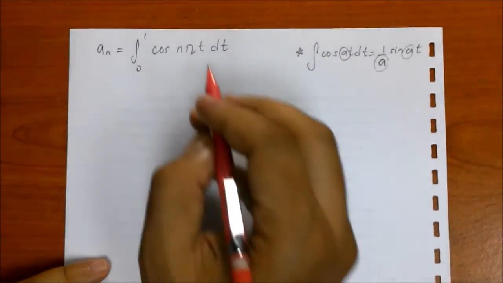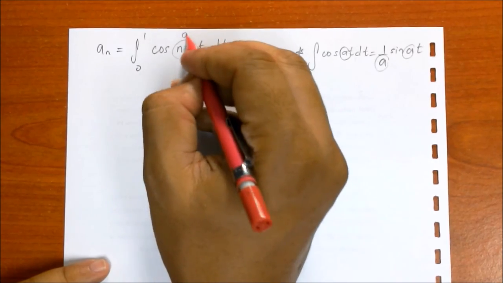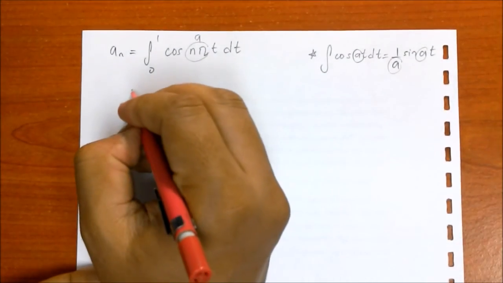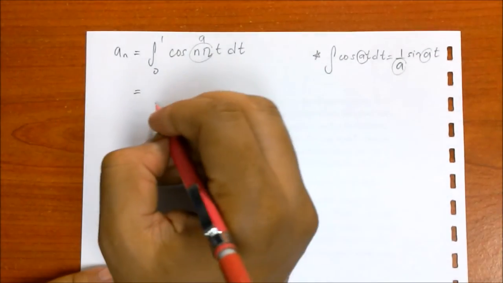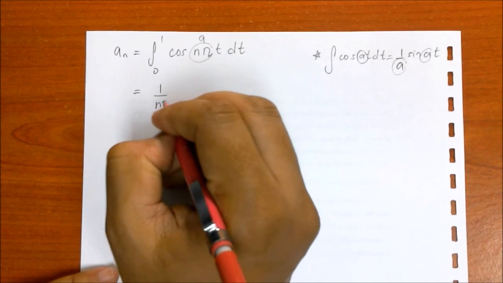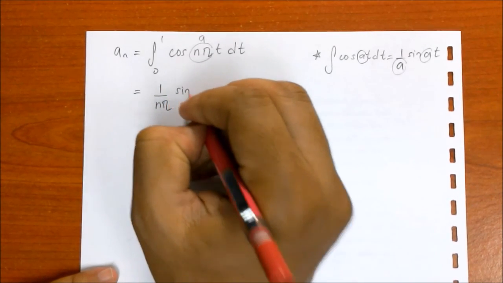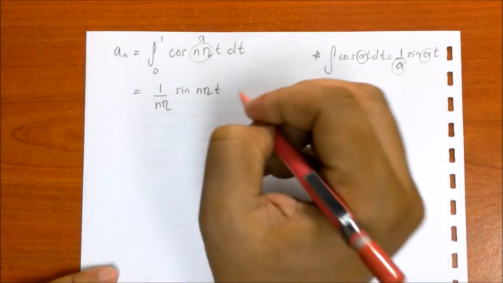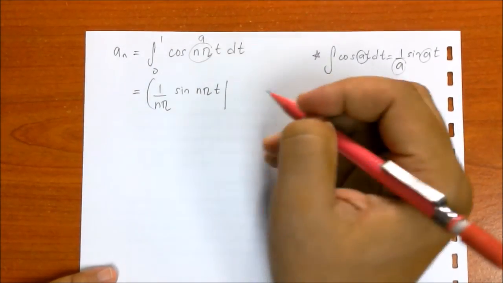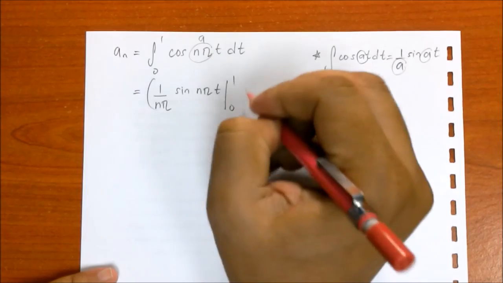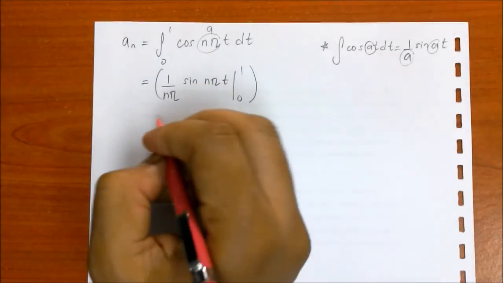Right, so in this case this is our a, so that is 1 over n pi sin n pi t, from 0 to 1.